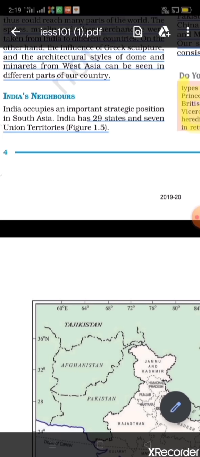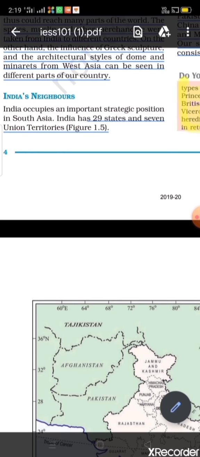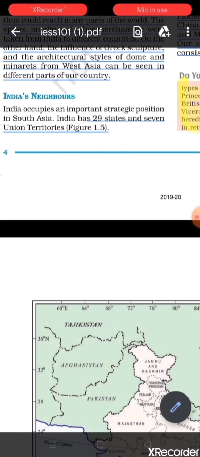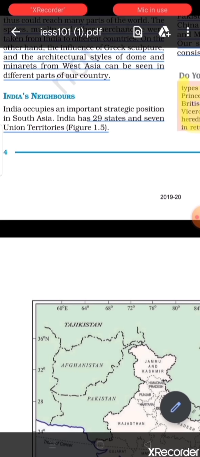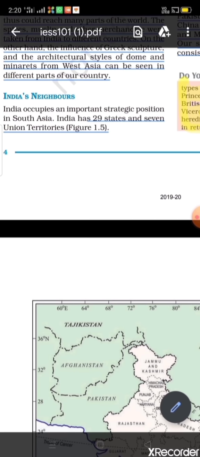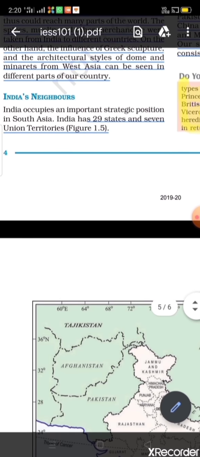Earlier, Dadra and Nagar Haveli was one union territory and Daman and Diu was another, and because of that there were 9 union territories. But because of the new bill passed by the parliament, the two union territories have been merged, and at present there are 8 union territories.